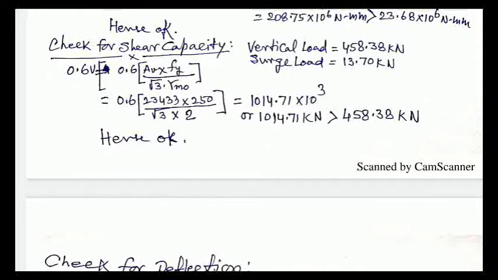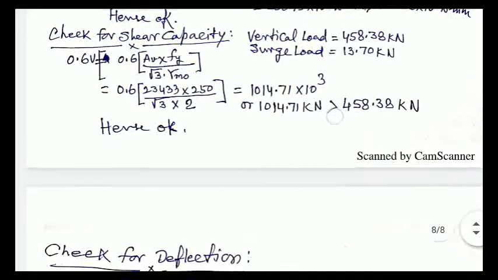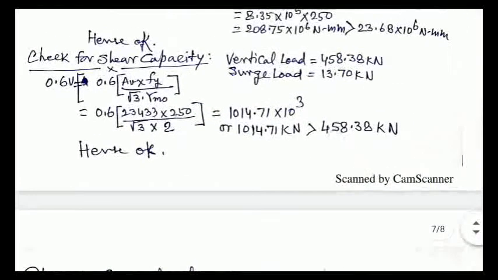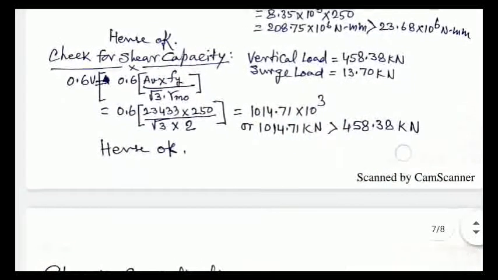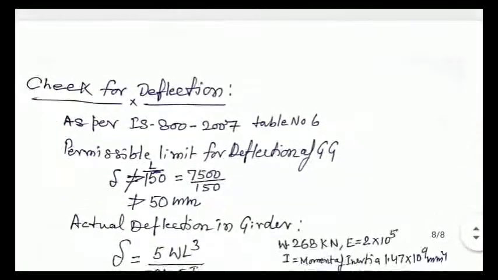So 0.6 V is 0.6 into Av multiplied by Fy divided by root 3 into gamma M0. This comes out to be 1014.71 into 10 raised to power 3 Newton, or 1014.71 kilonewton, which is again far more than the upcoming shear force 458.38 kilonewton. Hence it's okay in this vertical force shear check.